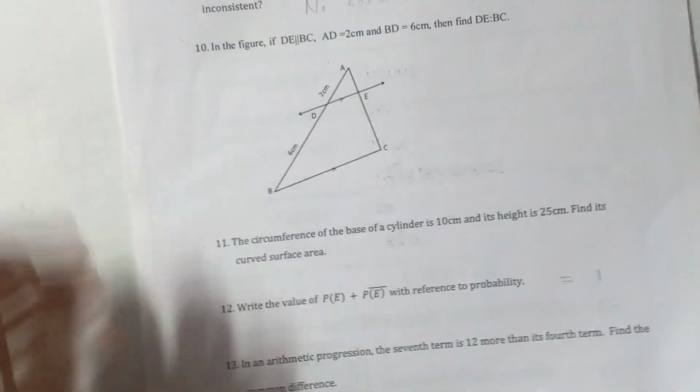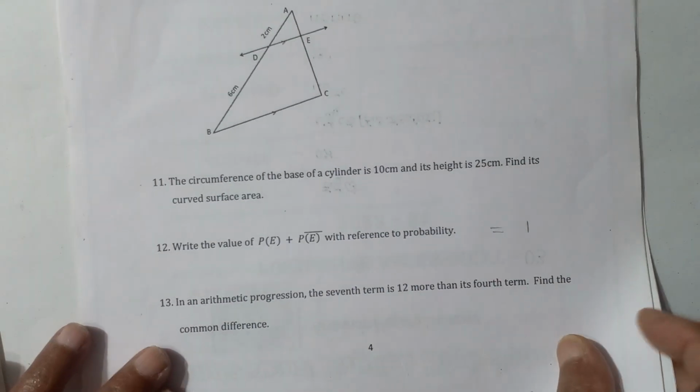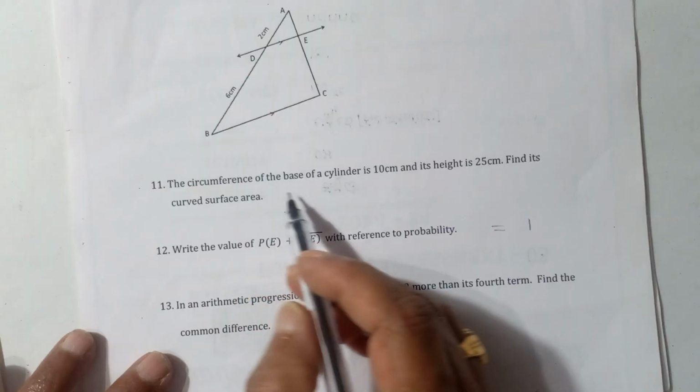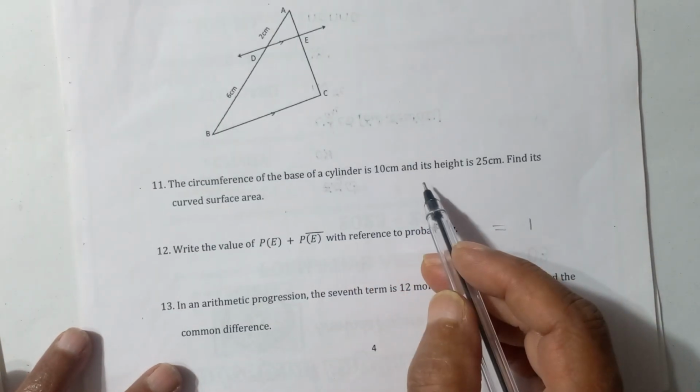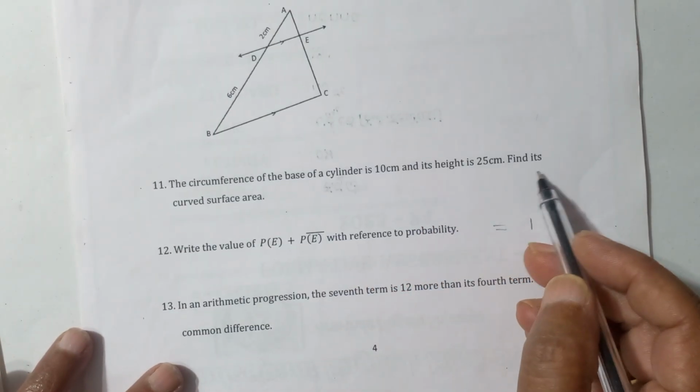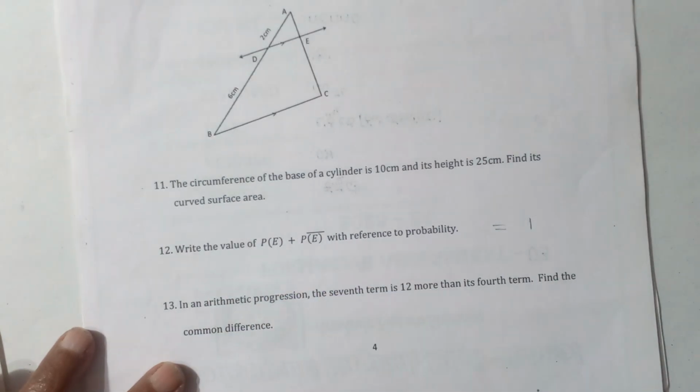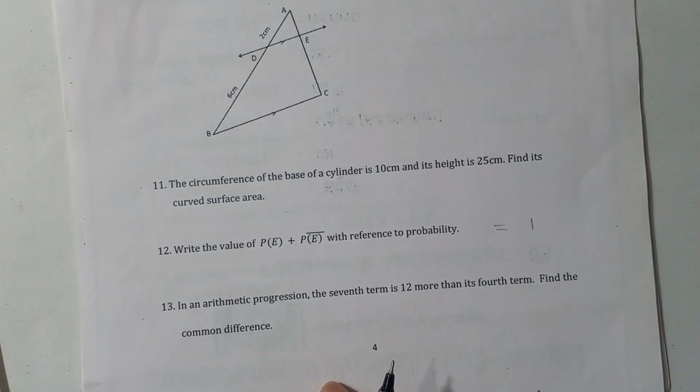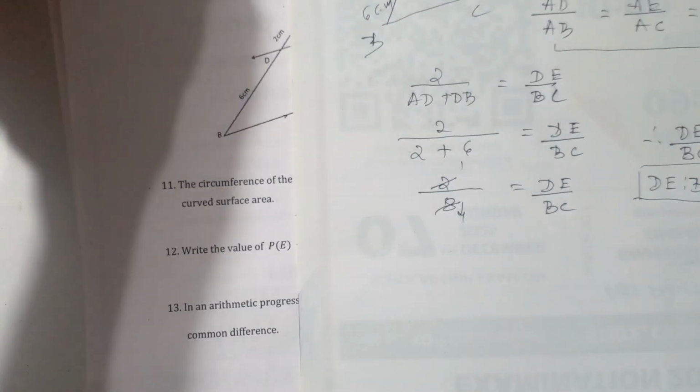After that, next question. Observe that one. The circumference of the base of a cylinder is 10 centimeter and the height is 25 centimeter. Find its curved surface area. Here you have to show the work.